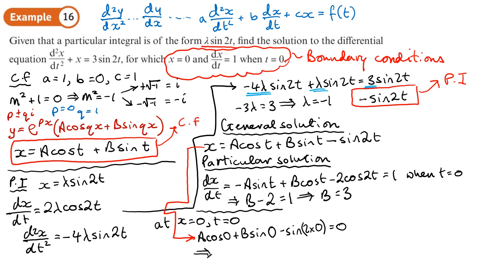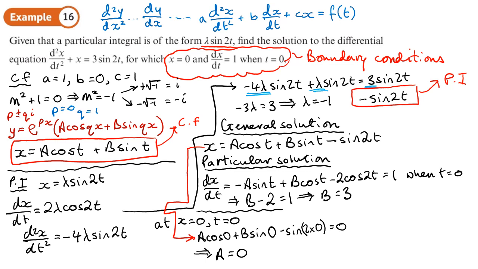So what does that give us? That will give us a from the first term. That will disappear, this will disappear. So that just gives me that a equals 0. So now I'm ready to write my particular solution with a equals 0 and b equals 3.